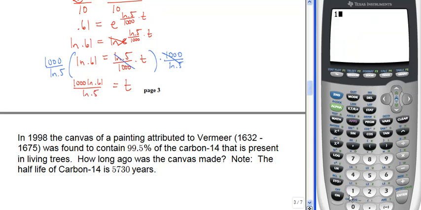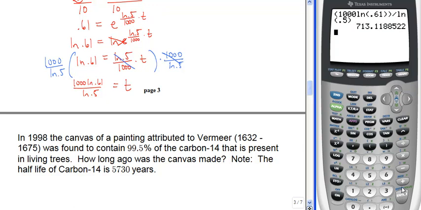So let's type that in. 1,000, I guess I should use parentheses here. 1,000 ln of 0.61, close the parentheses for the numerator, and we're dividing that by ln of 0.5.